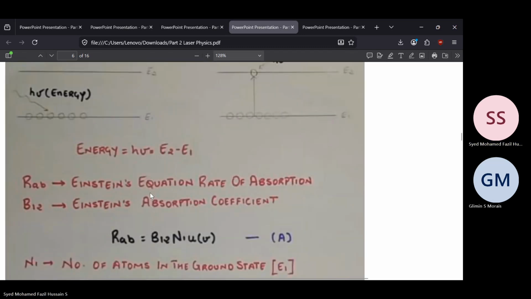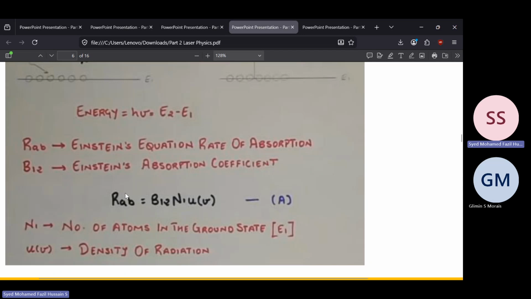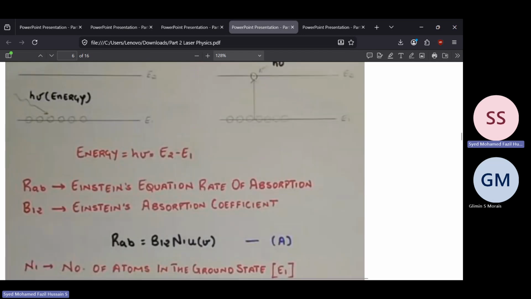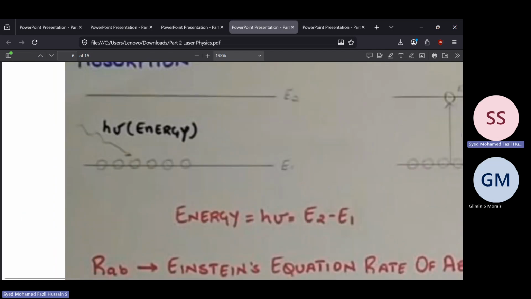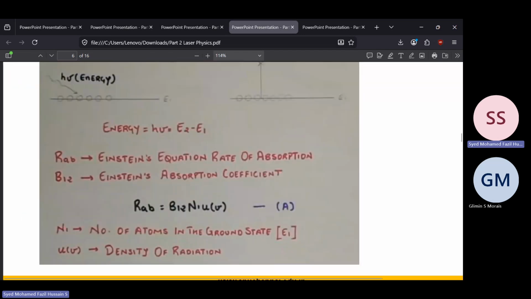So in absorption, not emission, the rate of absorption is equal to B12, the absorption coefficient that we are defining right now, into N1, where N1 is the number of atoms in the ground state, that is in E1, and into U nu. U nu is the density of the radiation coming from outside, this h nu energy.